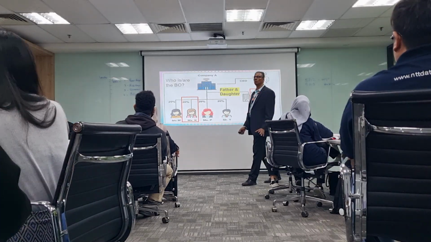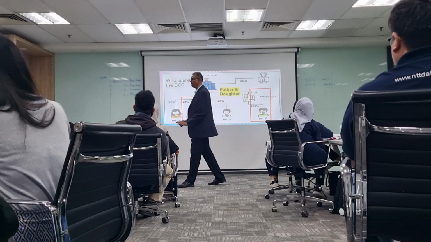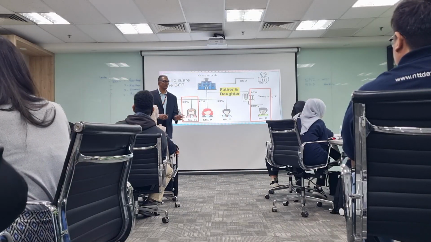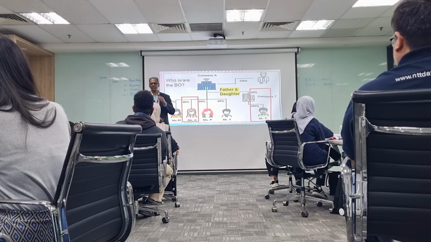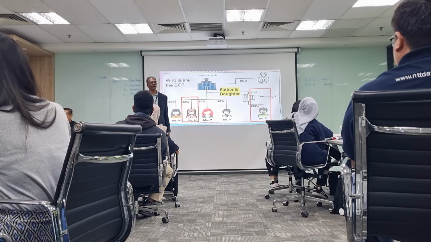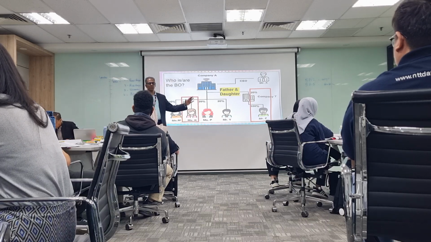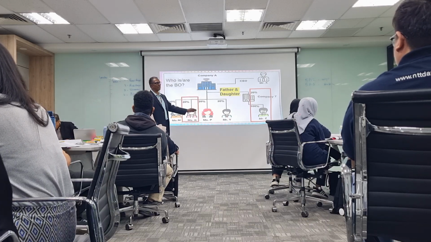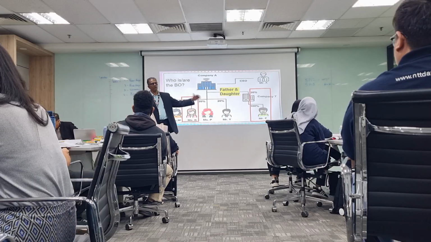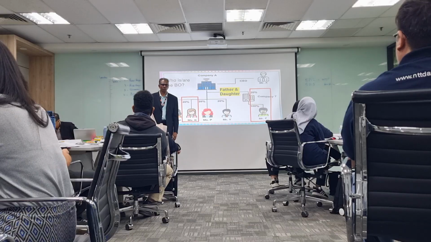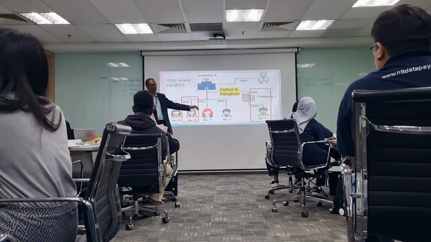So that's why I say the BO part, a lot of them get confused. A lot of issues. When I was processing documents at the bank, BO is a part where the problem was. But Bank Negara is very, very strict about finding out who is the BO and what we need to do for BOs, the steps. So we really go to find out who is the BO.